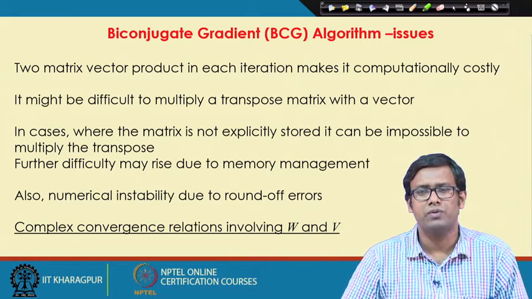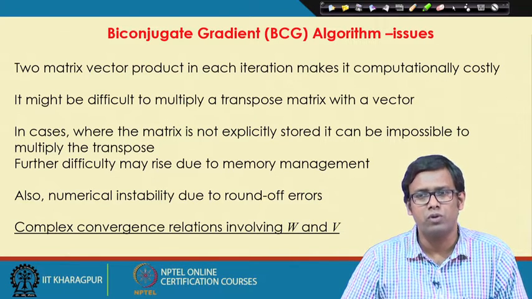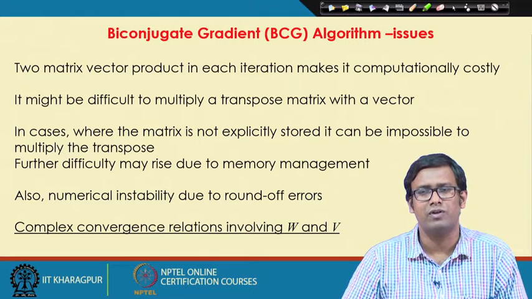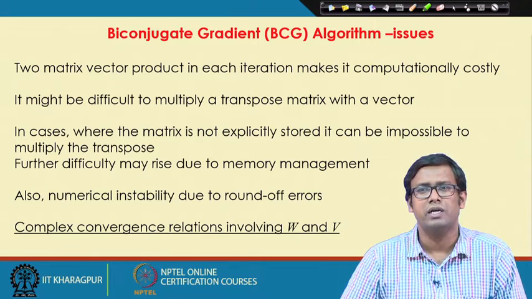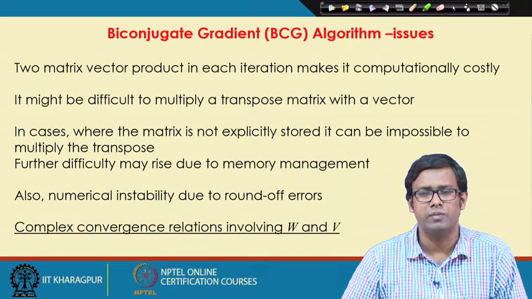One is that implementation wise there can be a problem due to A transpose B. There can be a problem in terms of code performance due to memory management of A transpose B, and also as the round-off errors are increasing, as well as the method has a complex or oscillatory convergence pattern, there can be another problem.